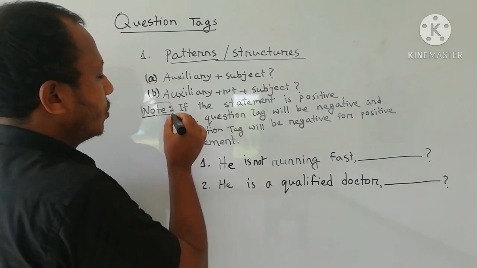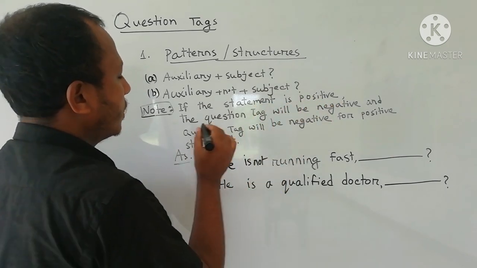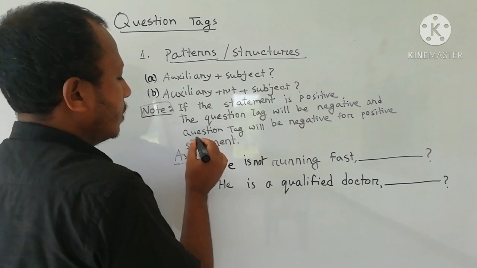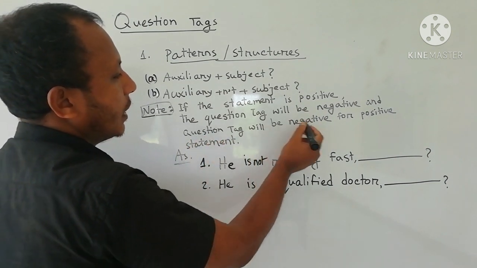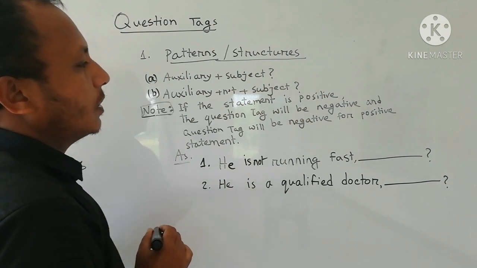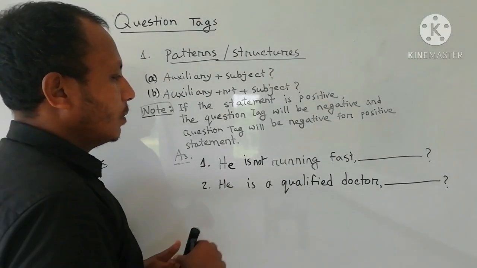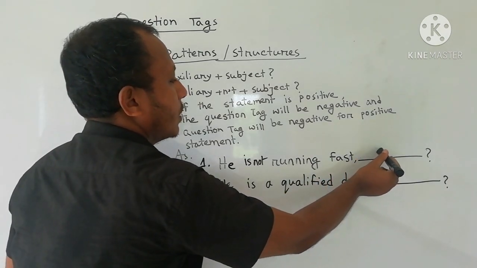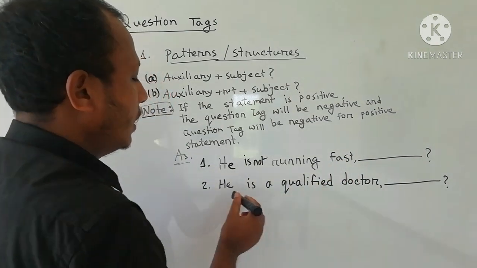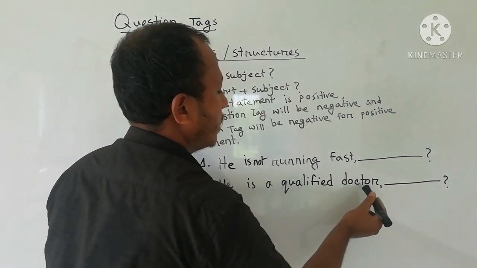Here we can see also a note. If the statement is positive, the question tag will be negative, and the question tag will be positive for a negative statement. That means we have to use positive question tag for negative statement and negative question tag for positive statement.